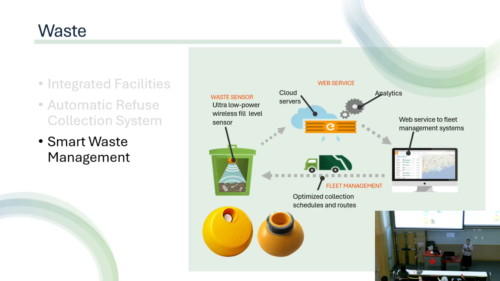put sensors inside bins to make it easier for us to track which bins need to be emptied. So for better fleet management, to reduce the number of trucks on the road and make it easier for people to recycle.